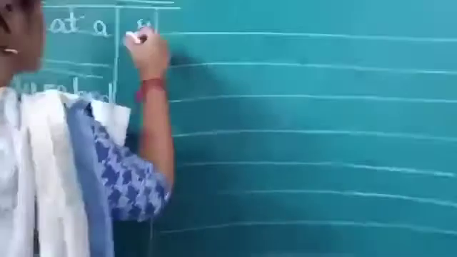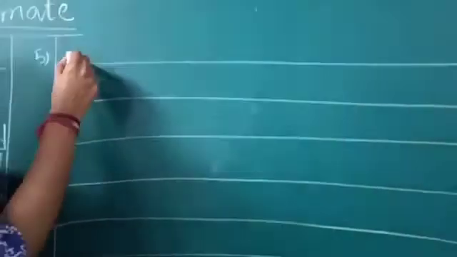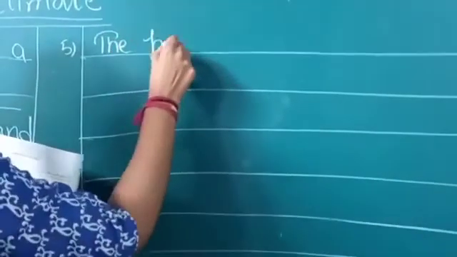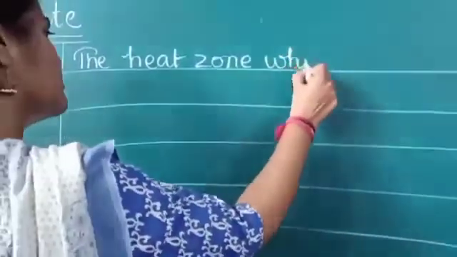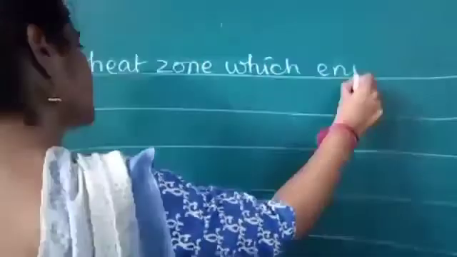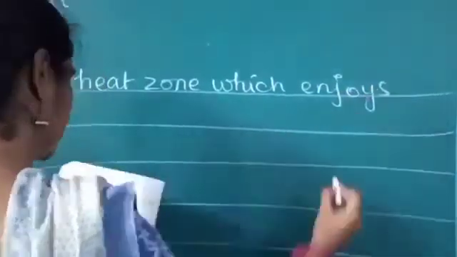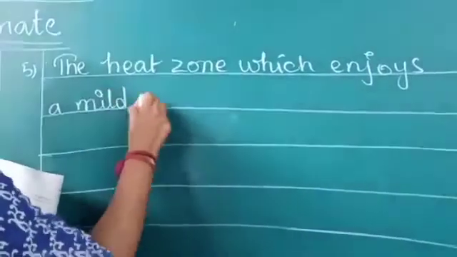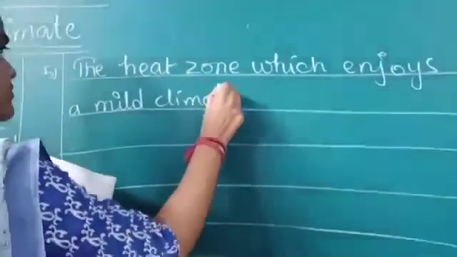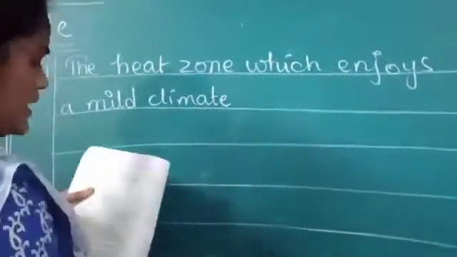Fifth one, the heat zone which enjoys a mild climate is the dash zone.